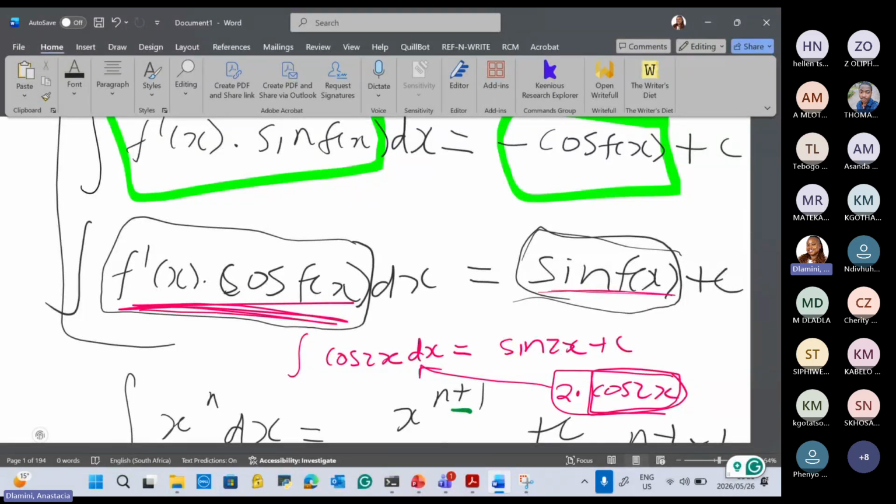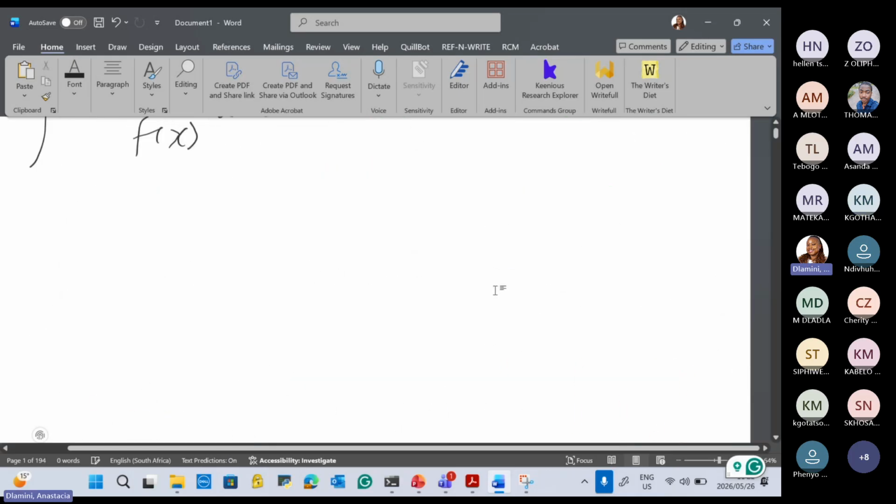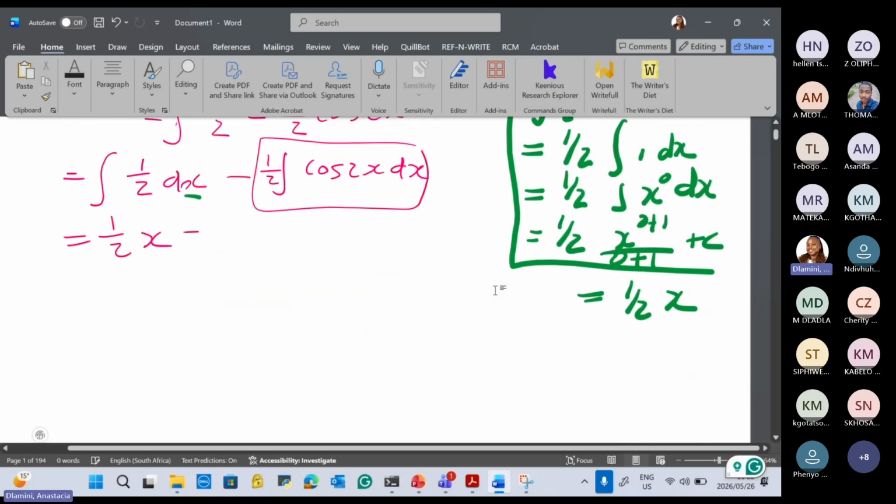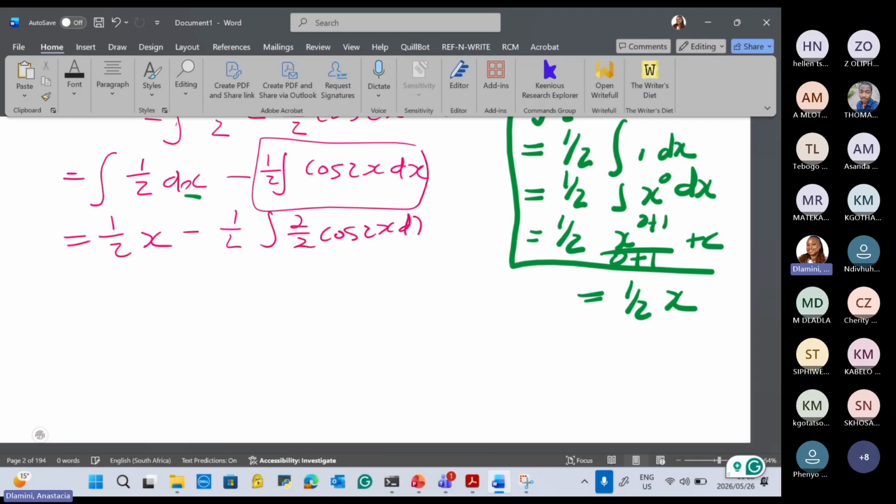And from what we have learned last week, we only needed a 2 here so that we can use this formula over here. So for us to introduce a 2, what do we do? We multiply by 2 over 2. So we say 1 over 2, integral of 2 over 2, cos of 2x dx.